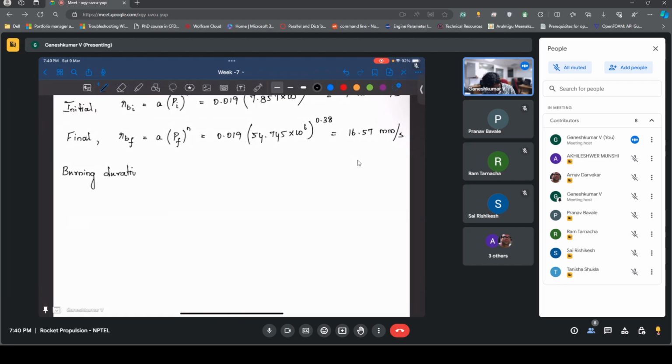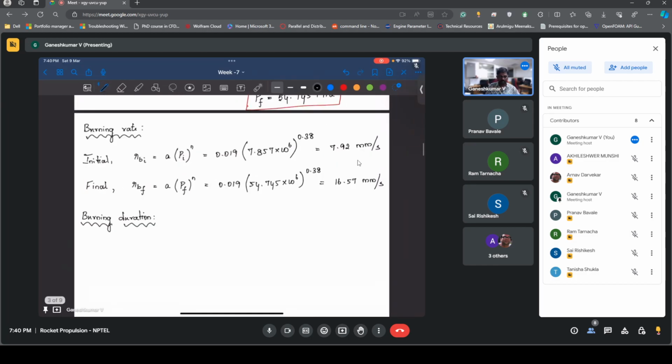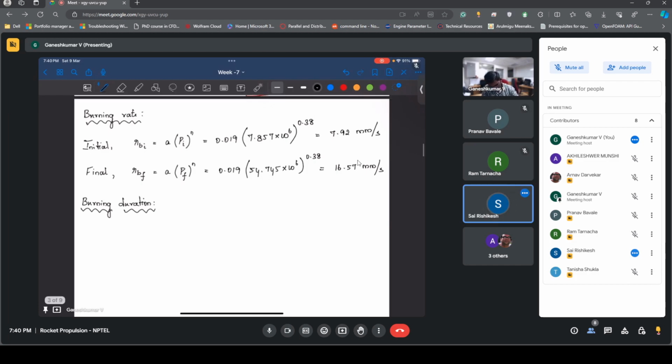What is the total burning duration? Burning rate is radial length divided by burning duration. Radial length is final radius minus initial radius.